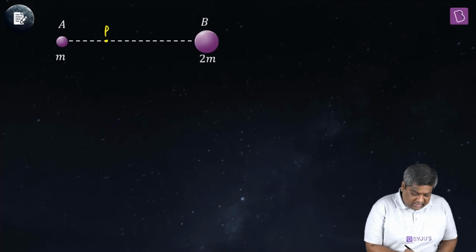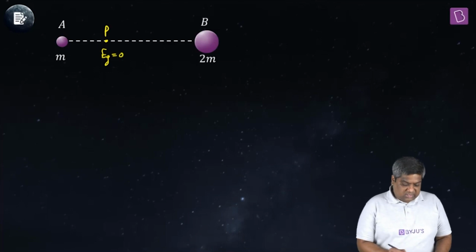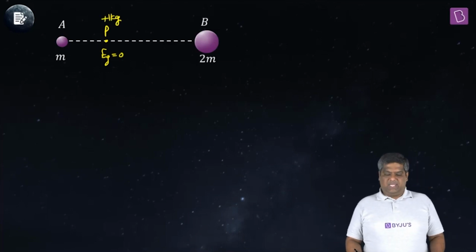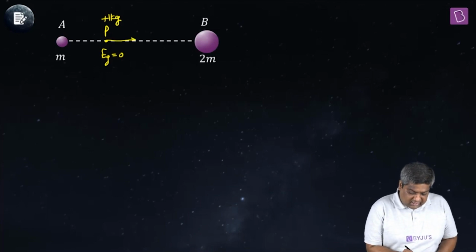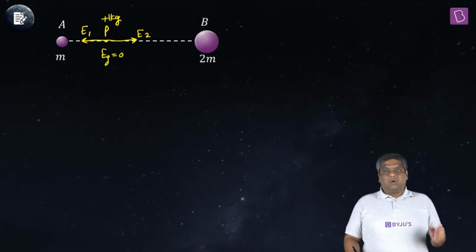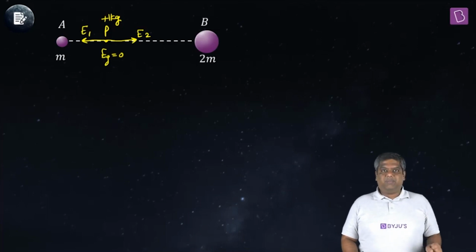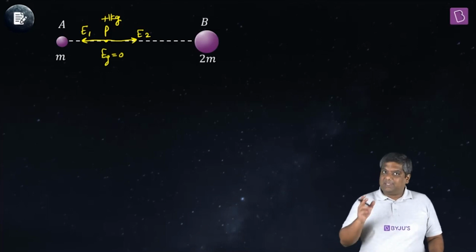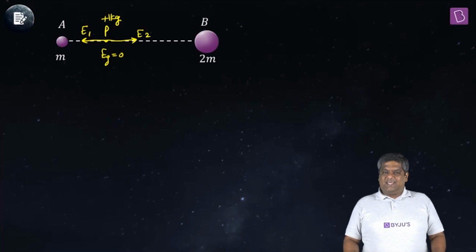So here the net gravitational field Eg will be 0 because if I place a plus 1 kg mass at P, 2m will attract it with a field E2, let us say, and m will attract it with a field E1, let us say. So I am considering that point P. Obviously E1 and E2 are opposite to each other, but the point P I am considering is that point at which their magnitudes are also equal, right?